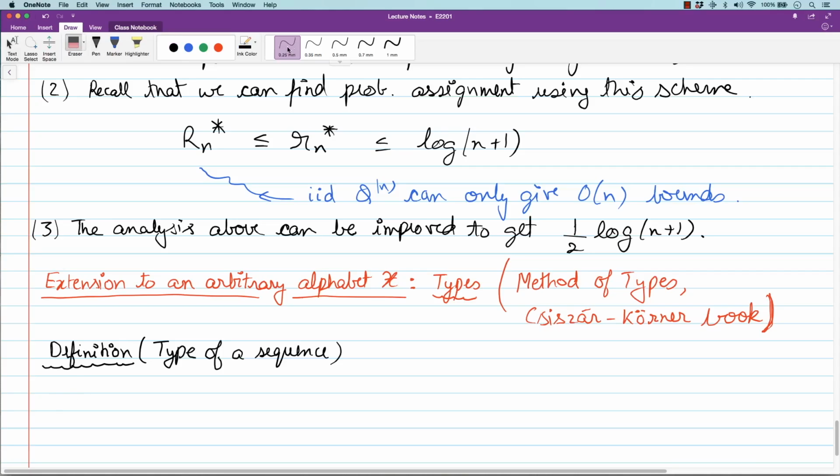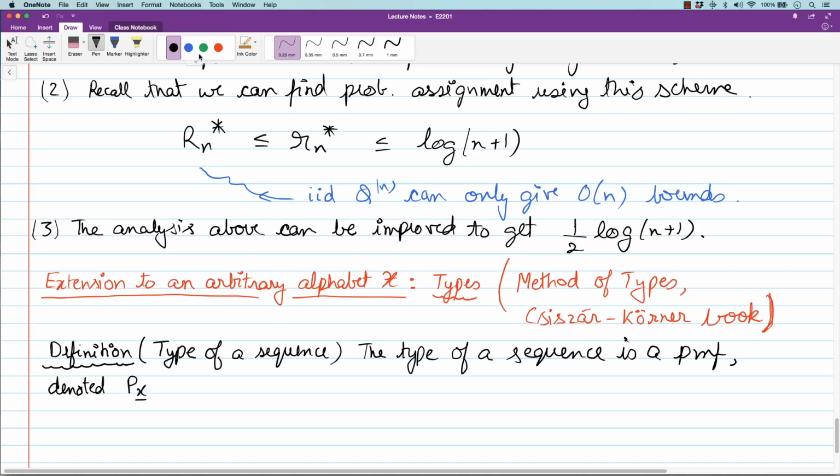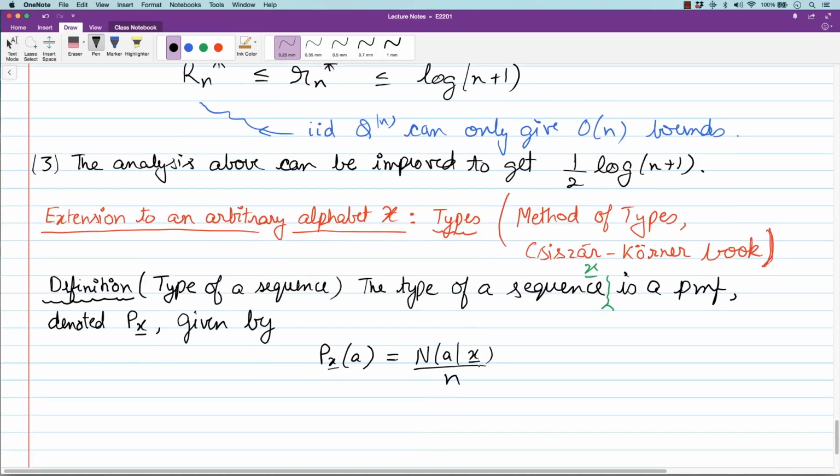The type of a sequence x is a PMF denoted by Px, given by Px(a) equals N(a|x) divided by n, where N(a|x) is a new symbol I've introduced.